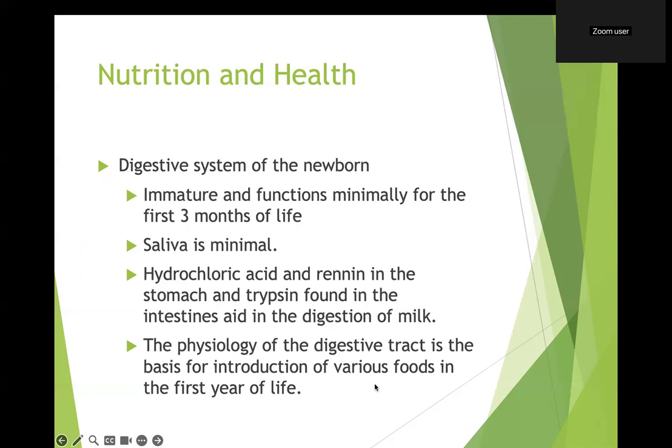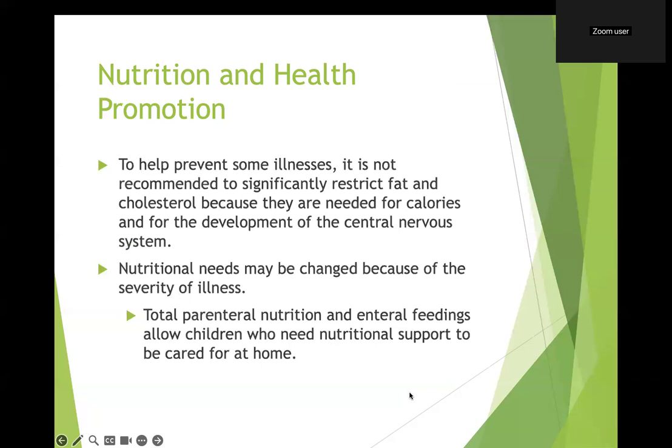So the physiology of the digestive tract is the basis for introduction of various foods in the first year of life. So that first year of the child's life, the parents are going to be educated on when and what foods to introduce at what points. And it's based on if they introduced this food and it went well, they can ease their way into introducing another food. So that plays a part.